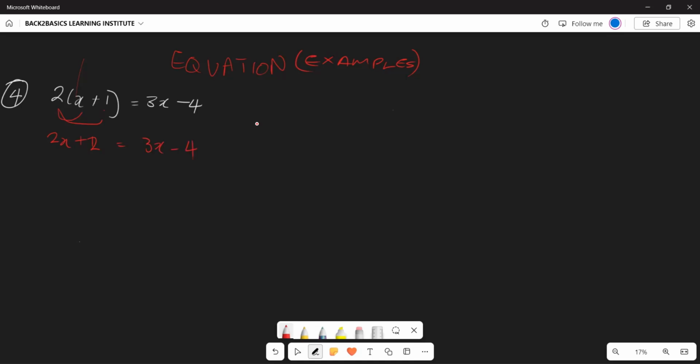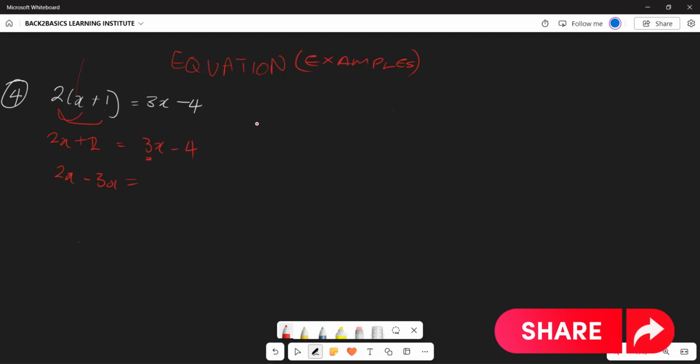Isn't it so? Then from here, you are going to group like terms. So how are you going to group like terms? You are going to take this x this side, right? So this is going to be the same as 2x minus 3x. Remember, whenever a number or a variable jumps an equal sign, it changes the sign, right? So this is going to be equal to your -4.